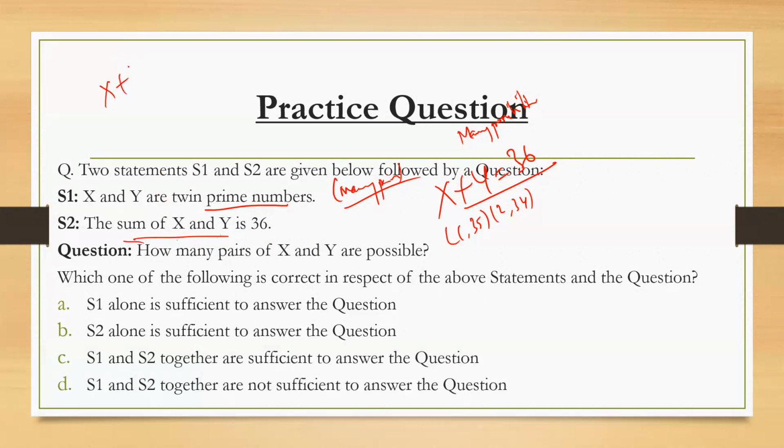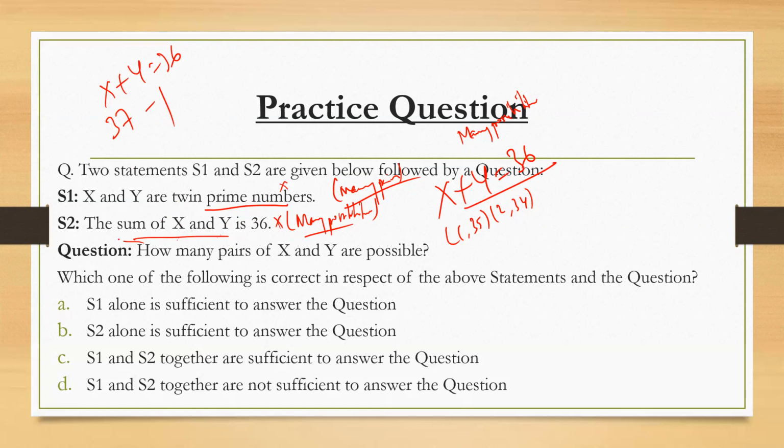I hope this is clear. For example, it's 37 and minus 1. So when the nature of x and y is not given, there are many possibilities. Statement 2 also will not answer your question. Statement 1 also will not answer.